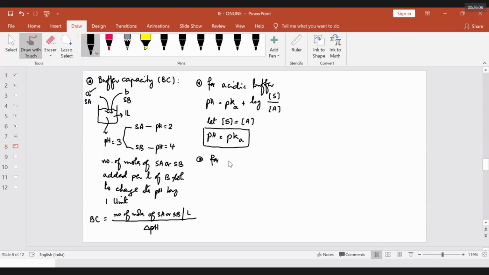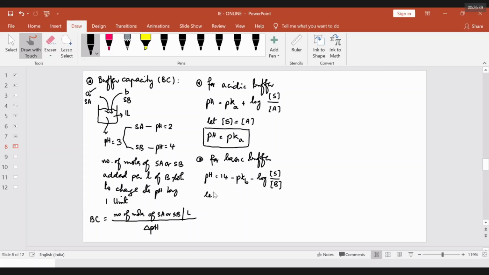Similarly, for a basic buffer, pOH is equal to pKb plus log of concentration of salt by base. No, sir, we are genius students, why are you repeating so many times? pH is equal to 14 minus pKb minus log of concentration of salt by base.